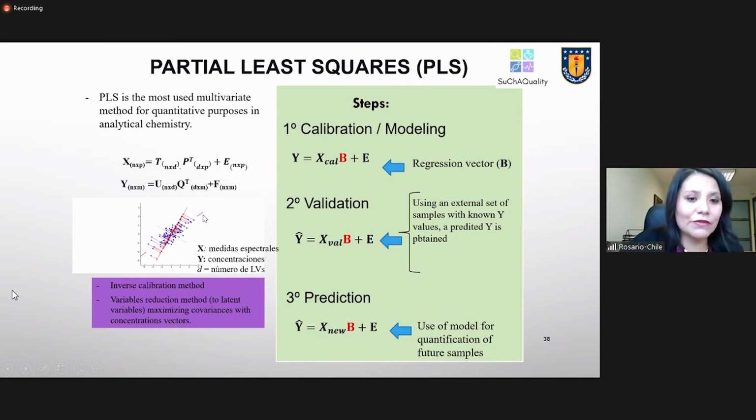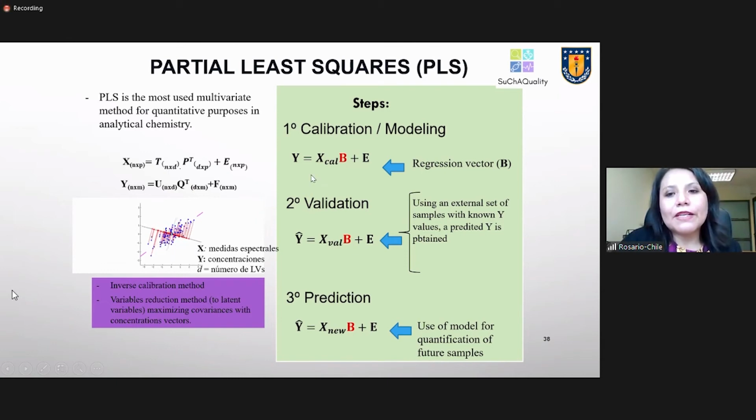This was the best vector. That one is orthogonal to the concentration. This line is the concentration. So at this moment I have the latent variables, also known as partial least squares components.